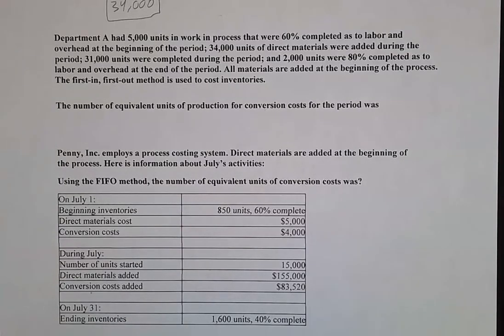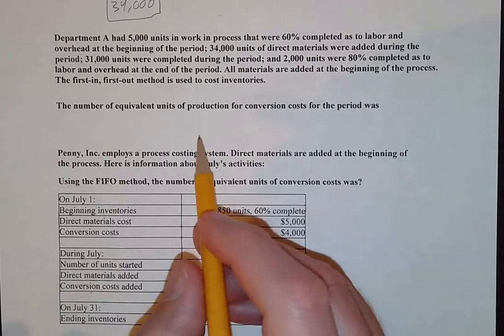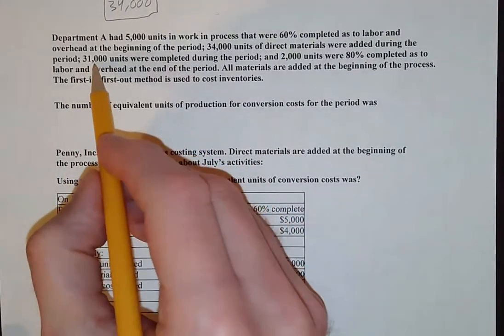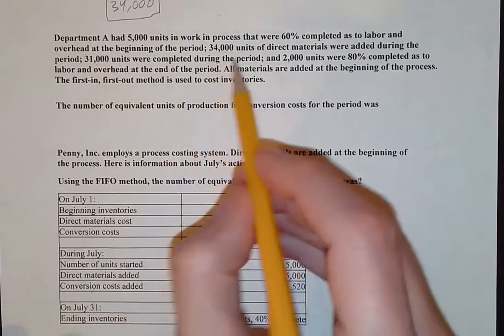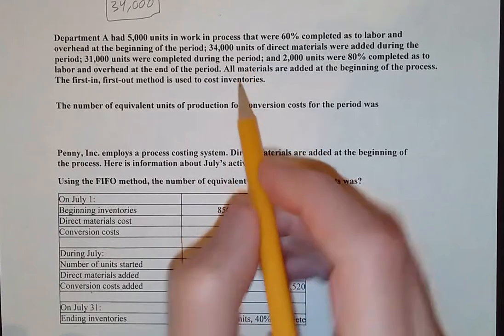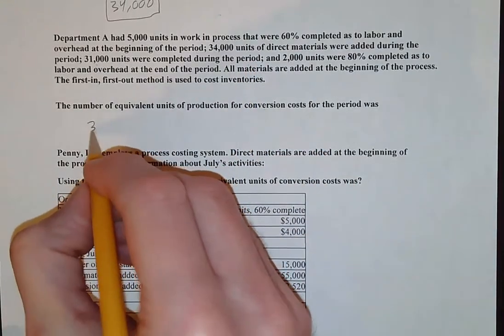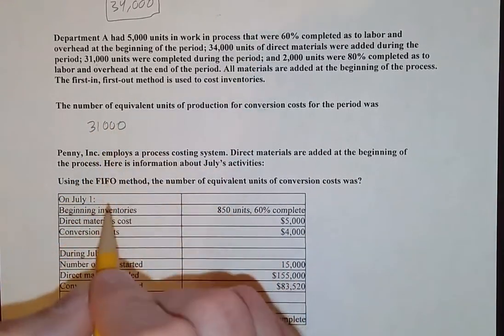Okay, the number of equivalent units of production for conversion costs. So the first thing that we want to look at is, well, how many units were fully completed in the period? And they give us that information. They gave it to us in the last question. It's just that it didn't mean anything. And it says 31,000 units were completed during the period. So this is going to be our starting point, 31,000 units.